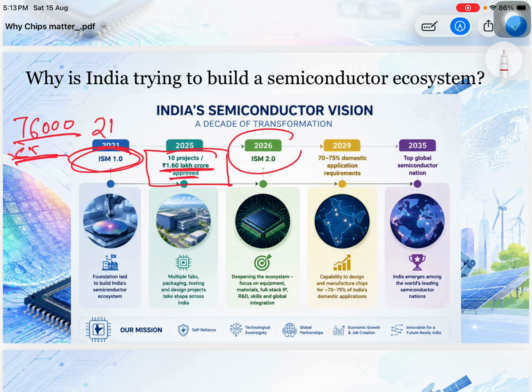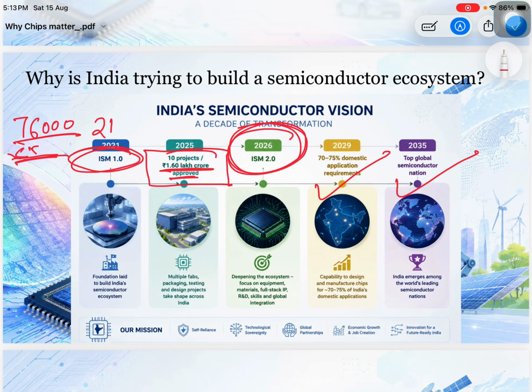And we are beginning in 2026 with ISM 2.0. We will be checking what else it has got, and these are the futuristic projections for 2029 and 2035, that domestically we should be independent for at least 70 to 75% of demands, and by 2035 India is looking at becoming a top global semiconductor nation.